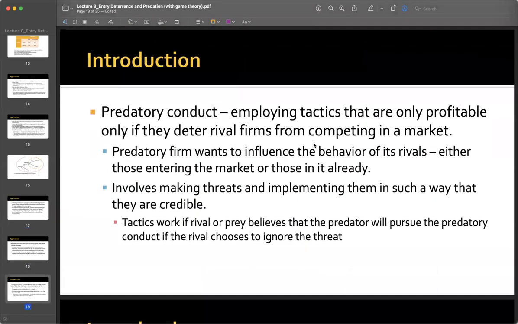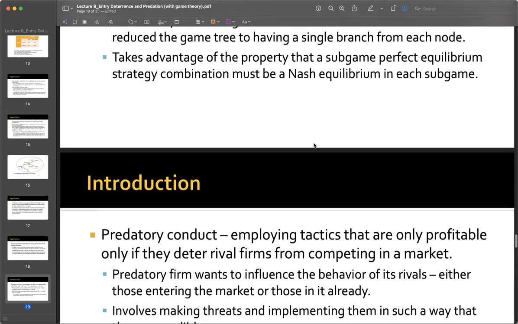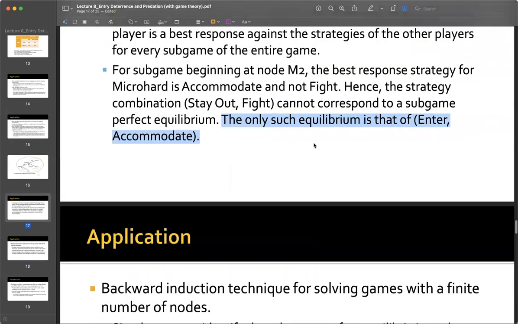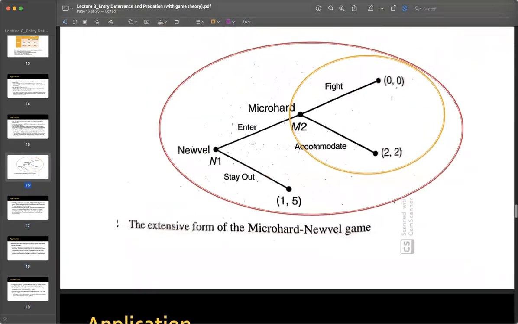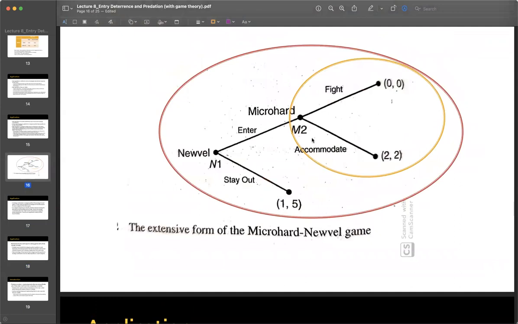So all we've learned is it's very difficult. Let me outline again what we've shown here, which is that entry deterrence is difficult unless you commit to something that in the second stage here is an inferior position.